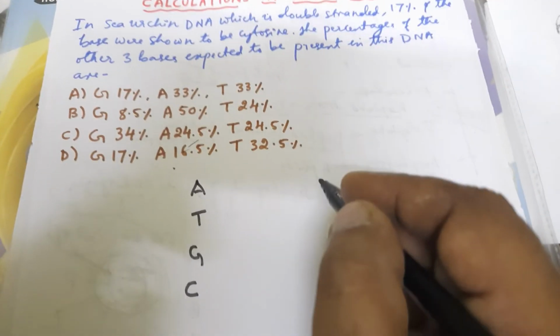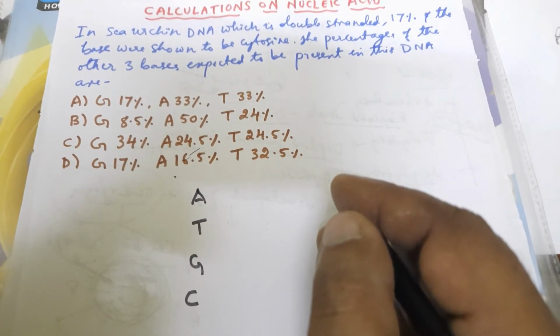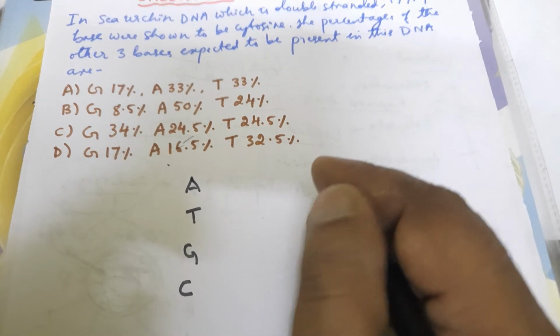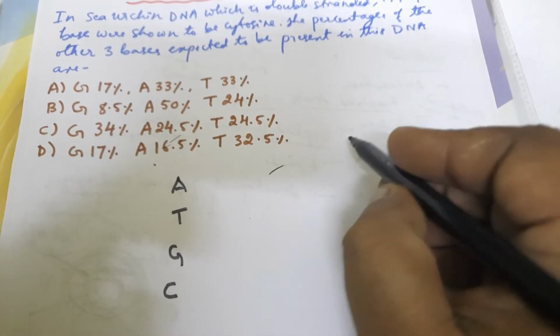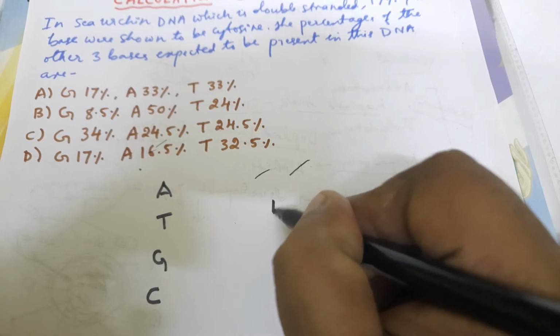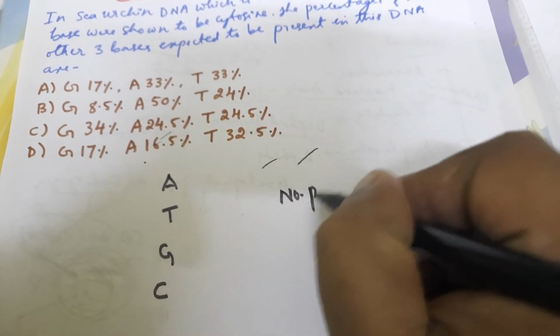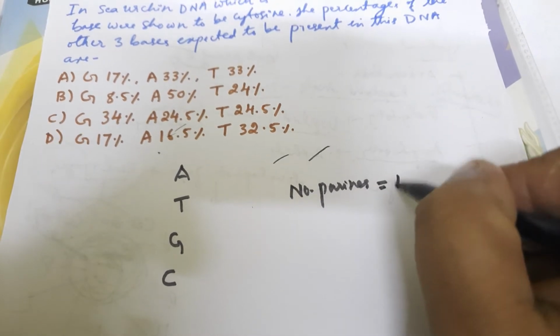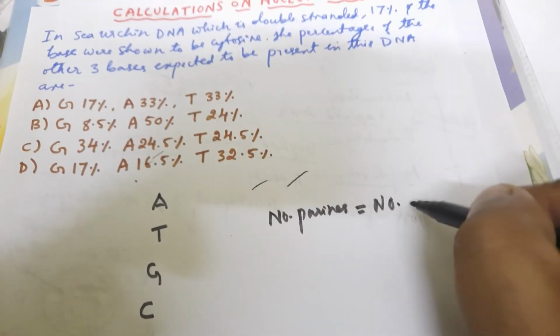For this problem you need to understand Chargaff's rule, which was proposed by Erwin Chargaff. According to Chargaff's rule, the number of purines is always equal to the number of pyrimidines.